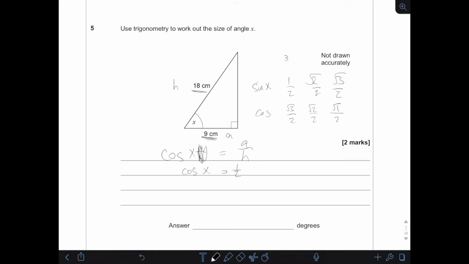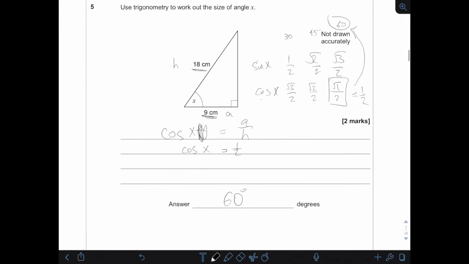This is 30, this is 45 degrees, this is 60 degrees, and at the moment we want a half on the cosine of x. The cosine of 60 is a half, which means that what we're looking at here is actually 60 degrees. So these special angles, remember them, they're useful.